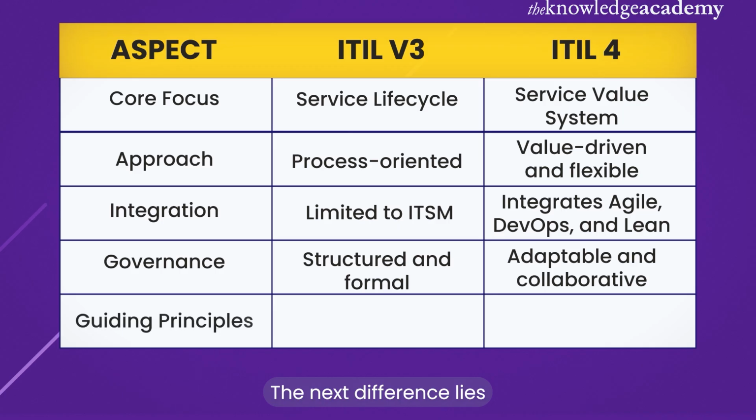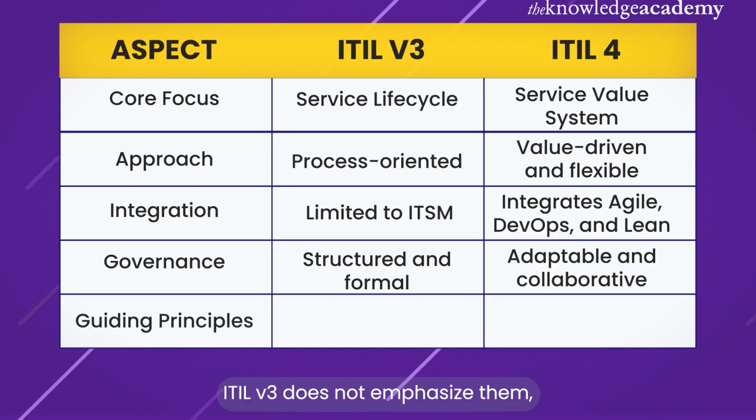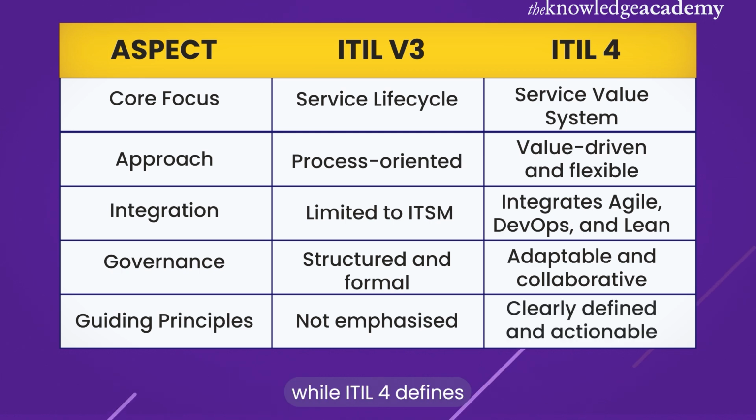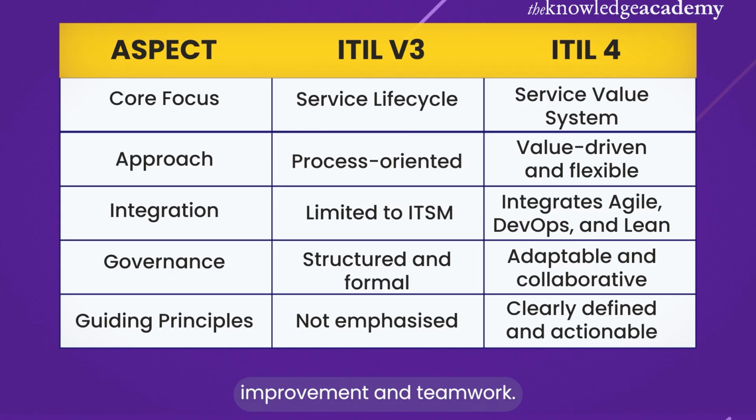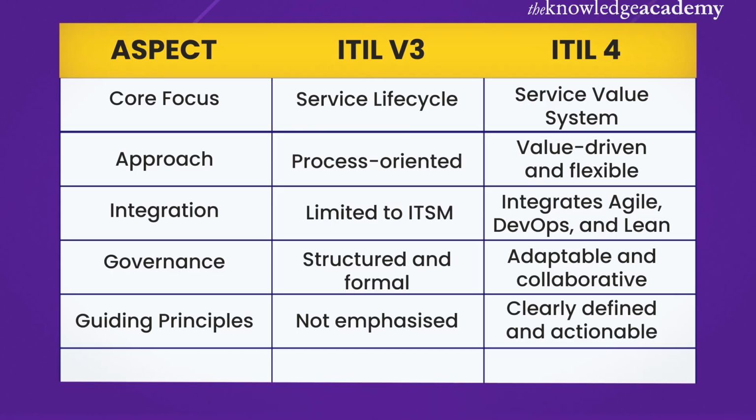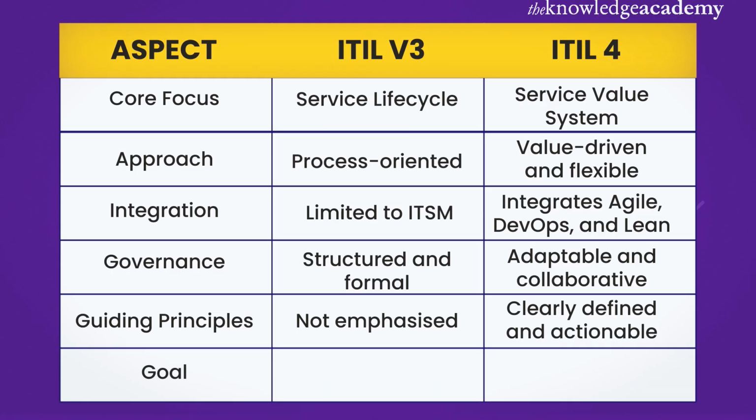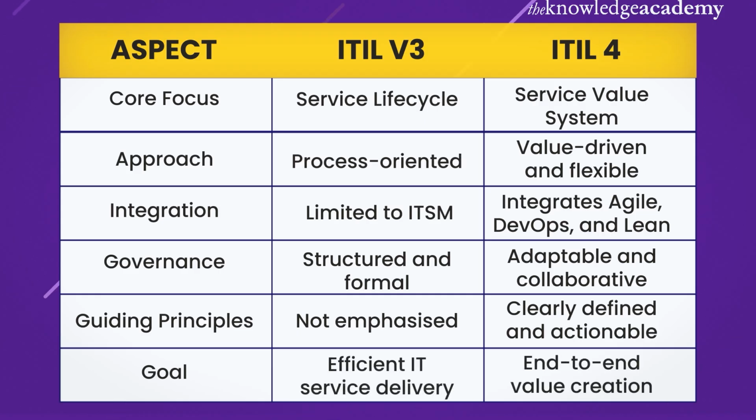The next difference lies in guiding principles. ITIL v3 does not emphasize them, while ITIL 4 defines clear, actionable principles that guide continuous improvement and teamwork. Finally, the goal. ITIL v3 aims for efficient IT service delivery, while ITIL 4 focuses on achieving end-to-end value creation for customers and the business.